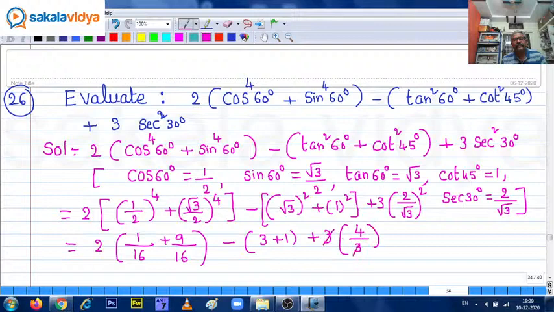So the 3s cancel. Very interesting. So we can write 2 times 9 plus 1 is 10 upon 16, minus 3 plus 1 plus 4, so this will be plus 4, 4 cancelled. This will be 20 by 16. 4 fives are 20, 4 fours are 16. So the answer is 5 upon 4.